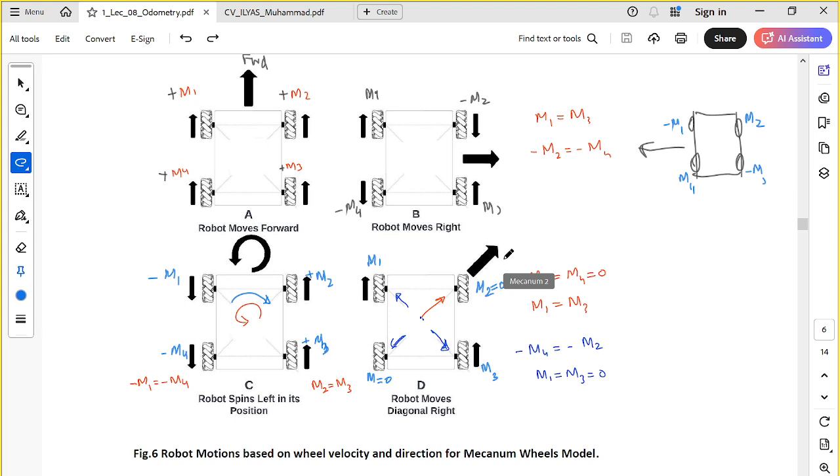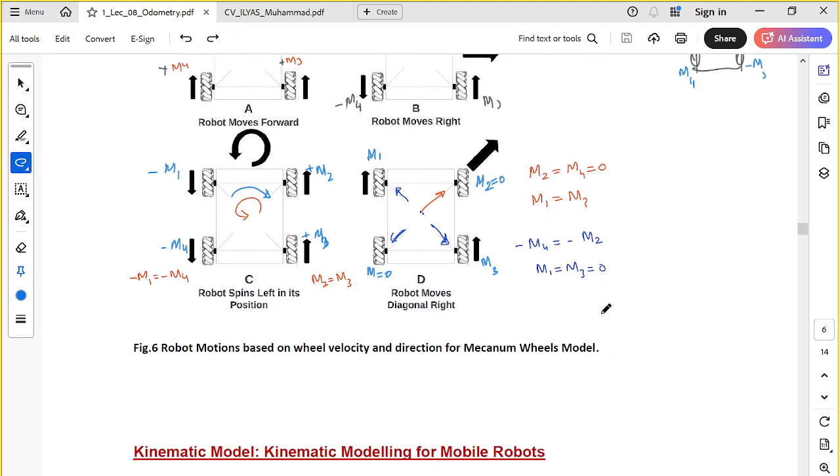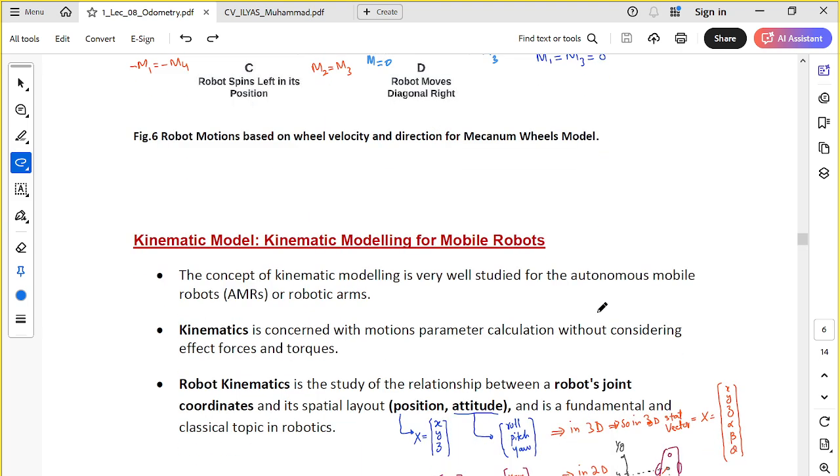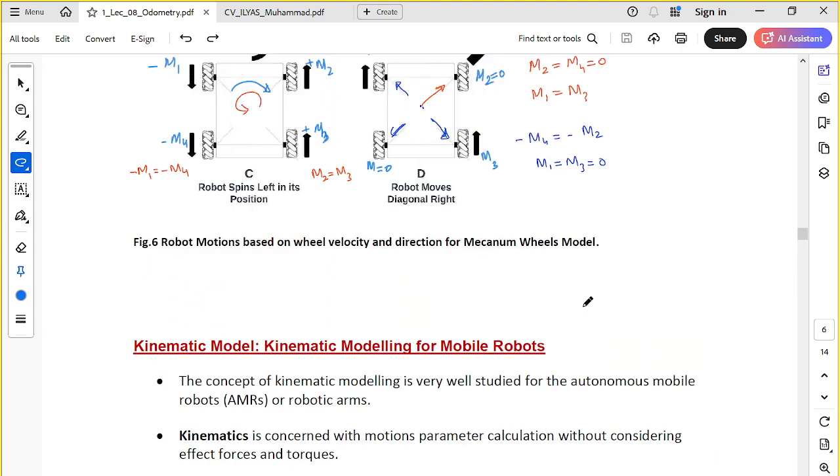So, this kind of robot is very convenient. I will stop here today because next we will develop some mathematical models for our mobile robot, and we'll see you in the class next Monday.